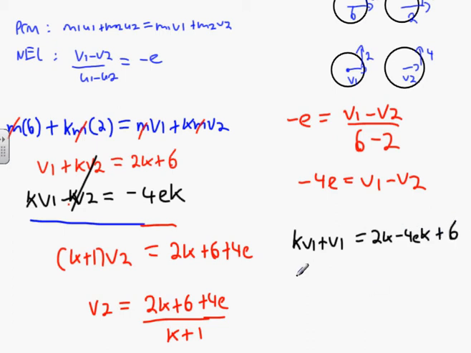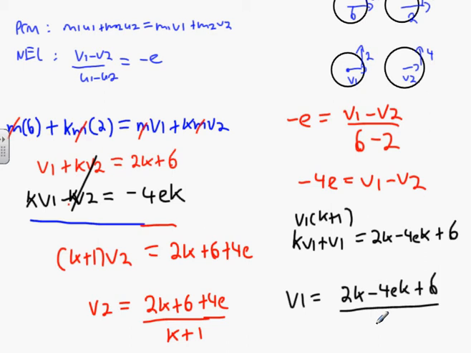Factorize the v1. It's going to be v1 into (k + 1). v1 therefore is (2k - 4ek + 6) all over (k + 1). Now, let me show you the easy part. That's the hard part. Here's the easy part.